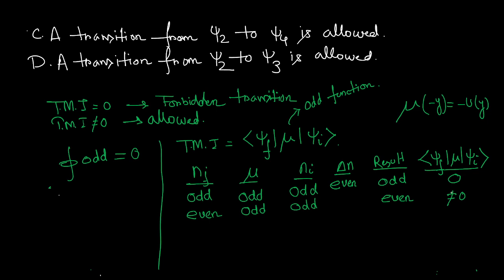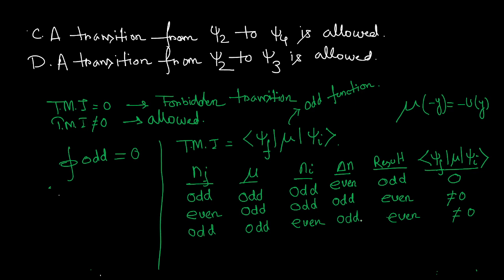If the transition happens from 1 to 4, then the difference will be 3, so delta n will be odd. With odd and even, eventually your result will be even and TMI not equal to 0, and your delta n will also be odd.